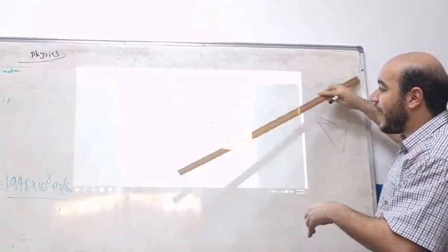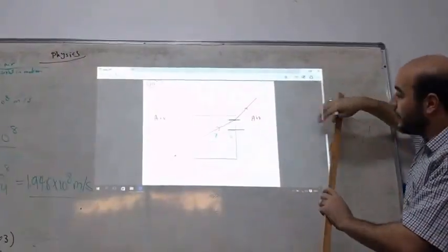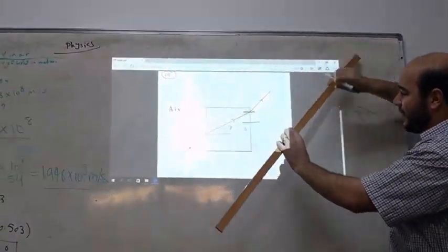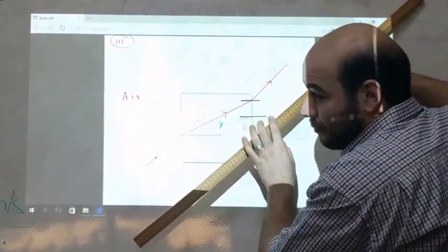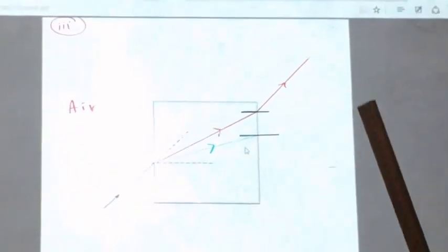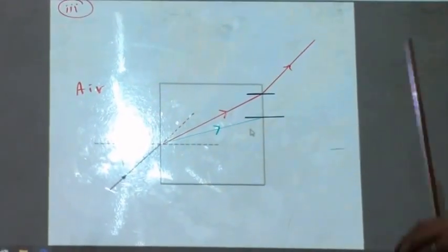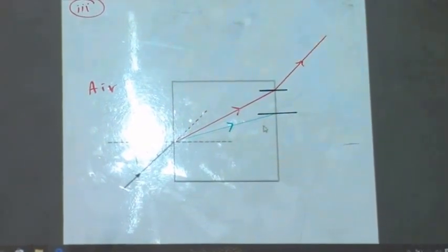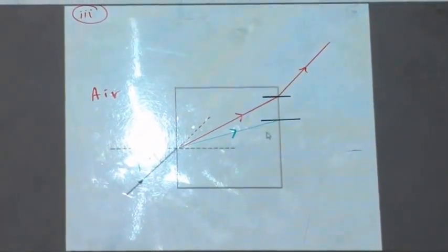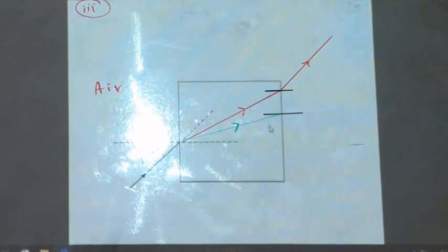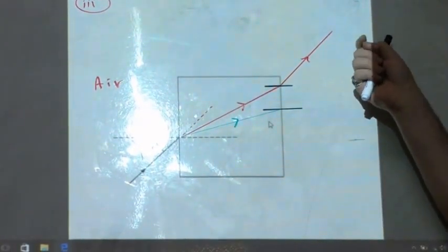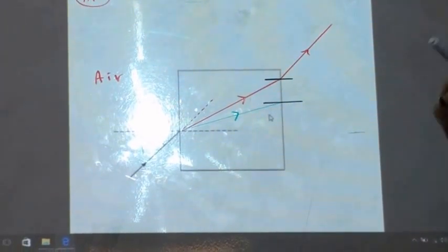So I will refract away from the normal with an angle equal to the angle of emergence. No, it will be parallel. Again, imagine that there is no red. He said replace, so I will redraw it as if it is only violet. So the incident ray is parallel to the emergent ray. He said replace, guys.